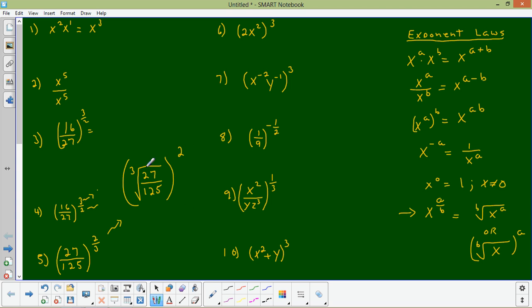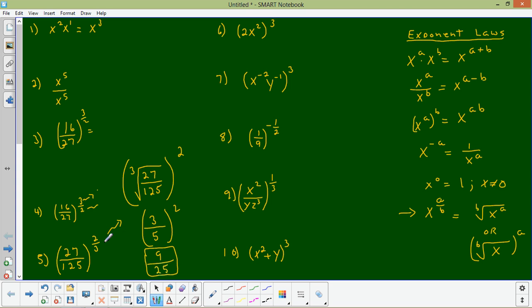So the cube root of 27 happens to be 3, and the cube root of 125 happens to be 5, and then we have to square that. And when you square something, you multiply it times itself. And so 3/5 times 3/5 is 9 25ths. And that would be your final answer for that question.